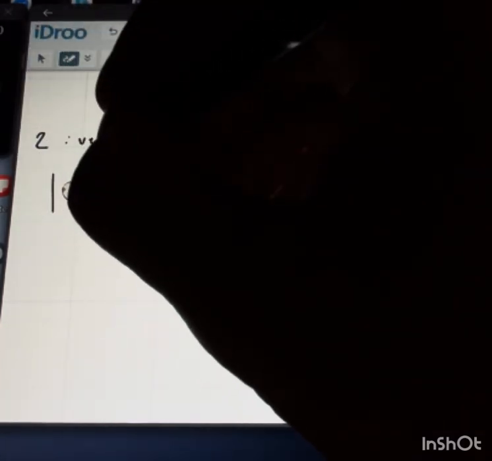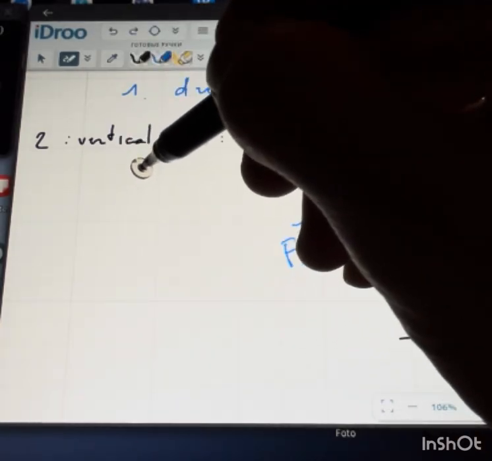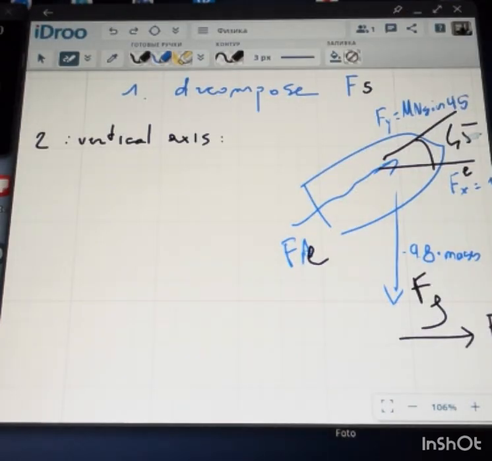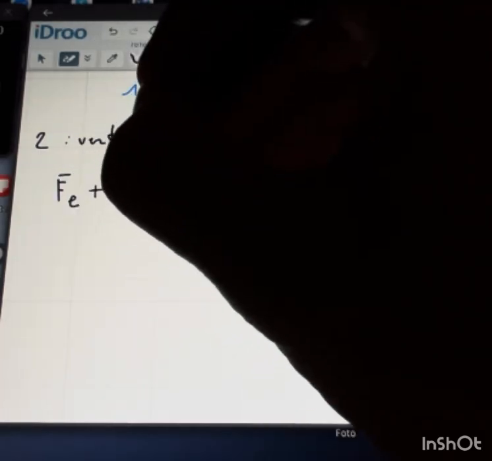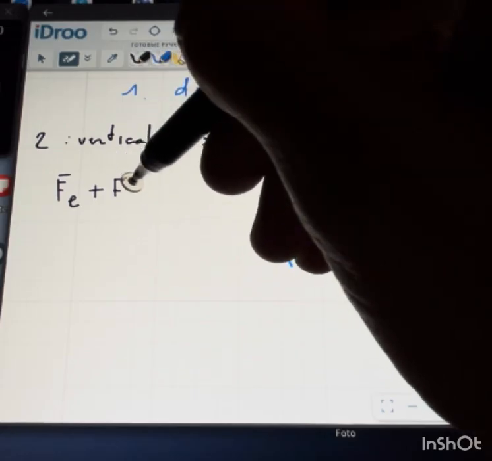Is that correct? Well, actually, no. To be actually correct, you don't subtract them, you sum them vectorially. But it's going to be a negative force. Doesn't really matter. There are no negative vectors.